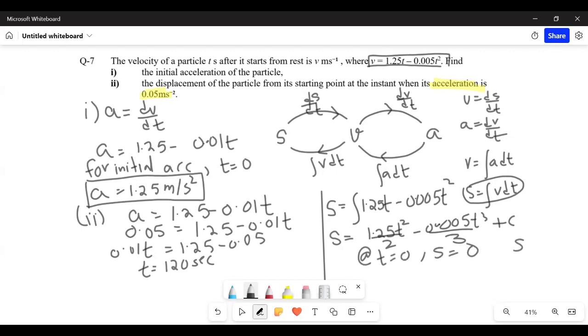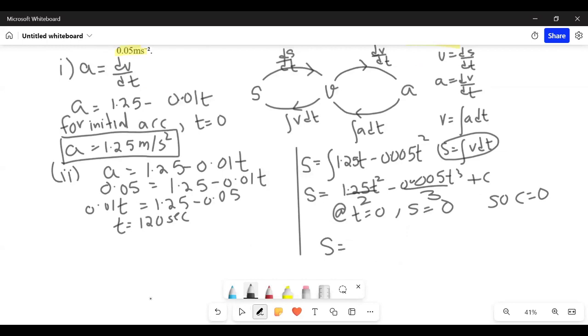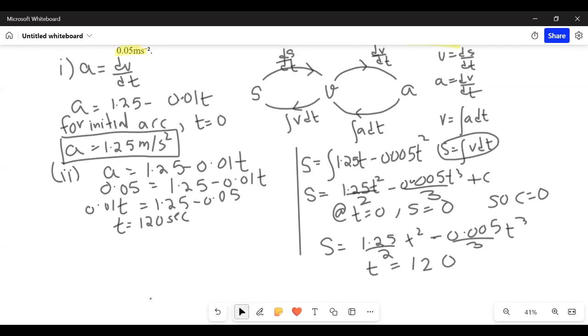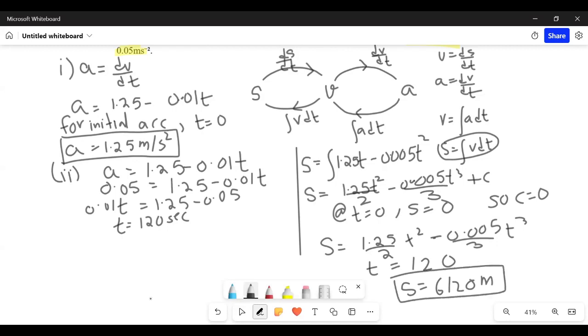So when you substitute that in the above equation तो c भी 0 आ गया। So s की equation बन गई 1.25 upon 2 t square minus 0.005 upon 3 t cube। और अब इसमें आप सब्स्टिट्यूट कर दें t इज इक्वल्स टू 120, which gives you 6120। S is 6120 meters। Man, why didn't you just put the limits of 120 and 0?